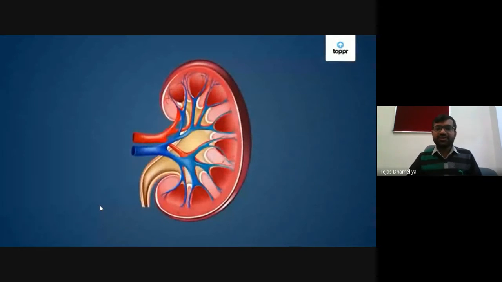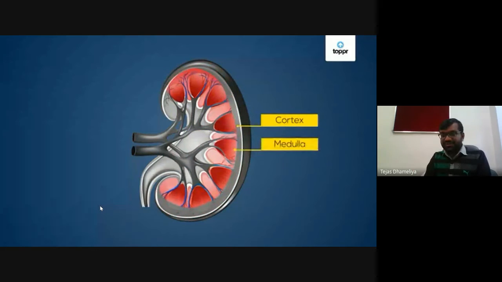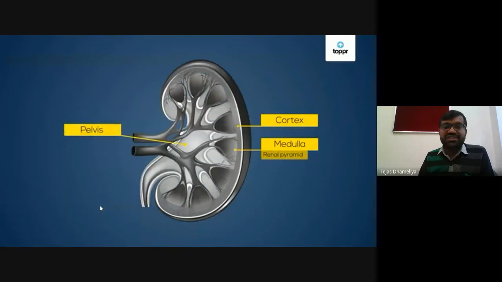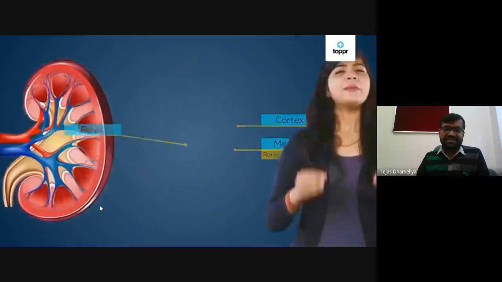Structurally, the kidney is composed of the cortex, the outermost portion, the medulla, the middle portion, which has a renal pyramid shape, and the innermost portion, called the pelvis. These are the three major parts. If we take a transverse section of the kidney, we can see its structural anatomy.